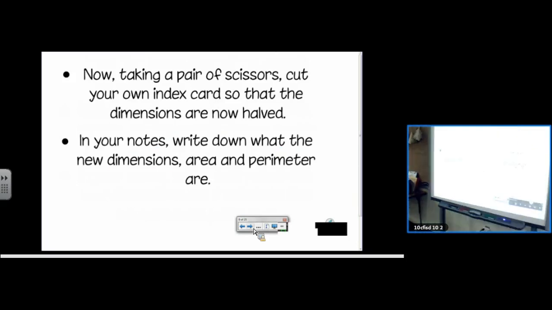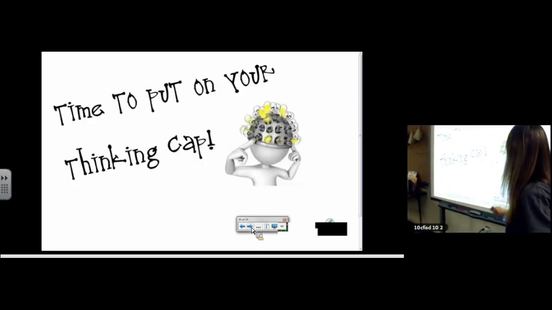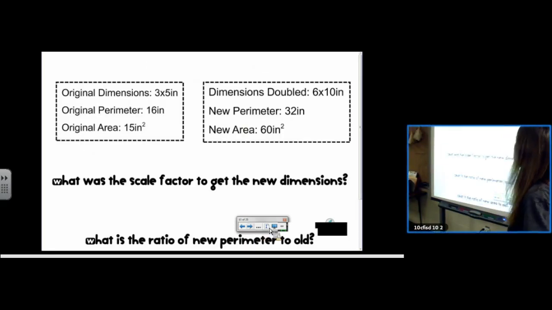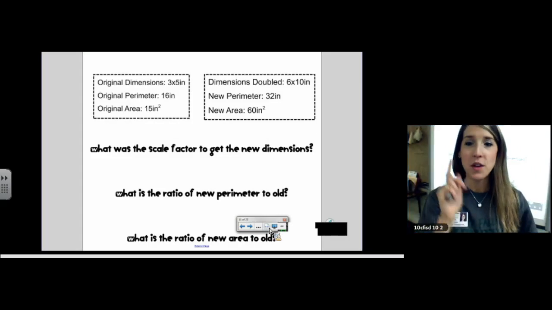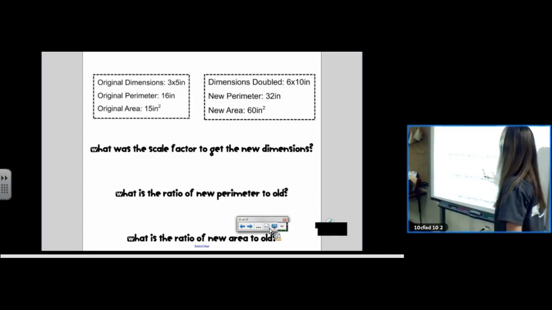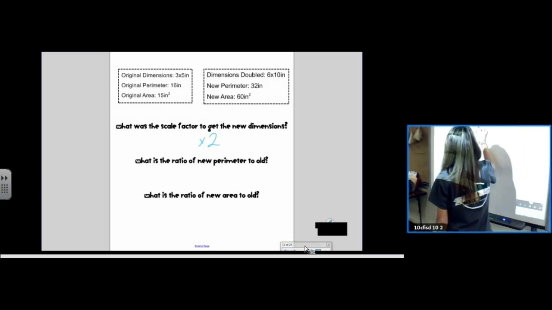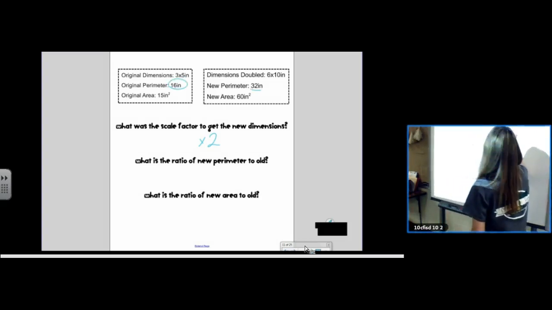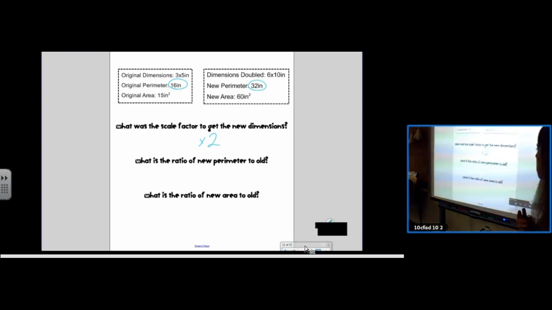Okay, so here's what we should have found. Oh, we're not going to do that one yet. We're going to do this first. The original dimensions were 3 by 5. The new dimensions were 6 by 10. So what was our scale factor? Our scale factor was 2. We were doubling. Our original perimeter was 16. Our new perimeter should have been 32, although I don't think that's what you typed.